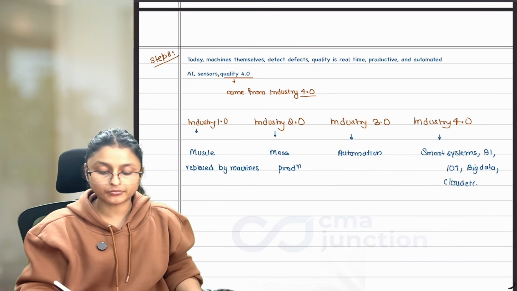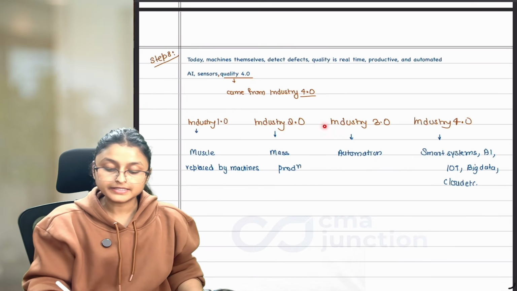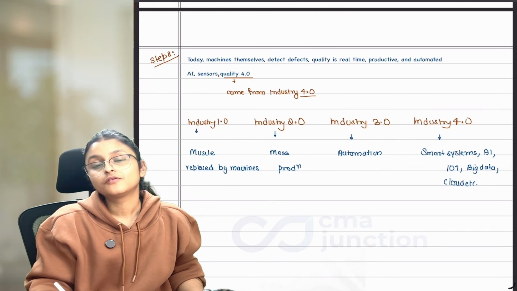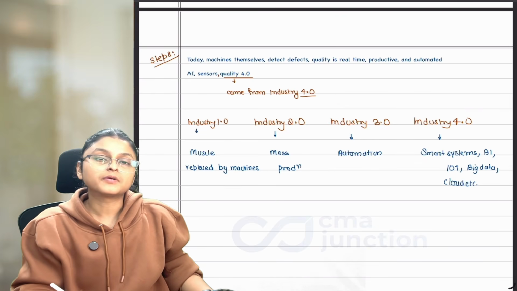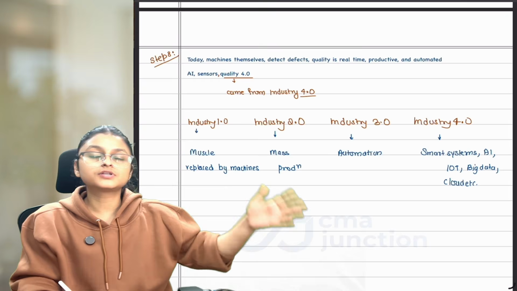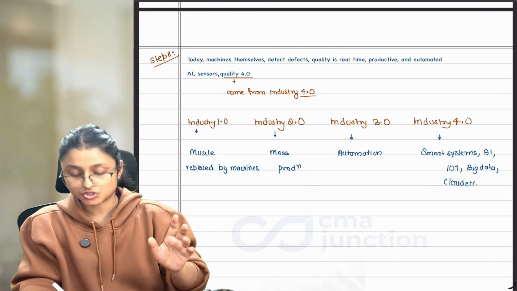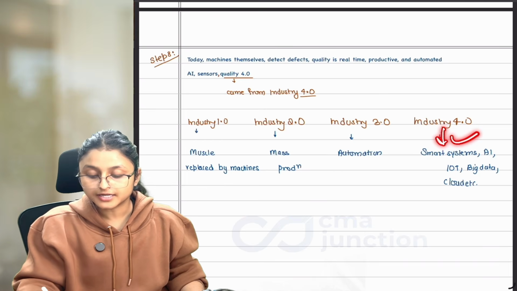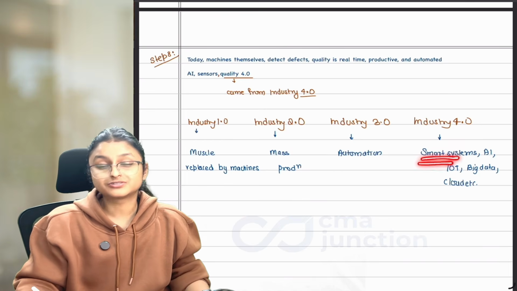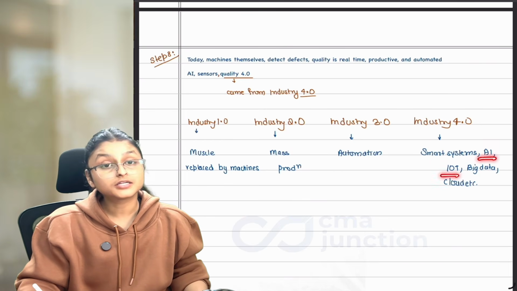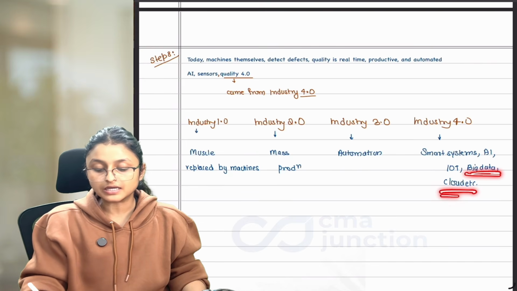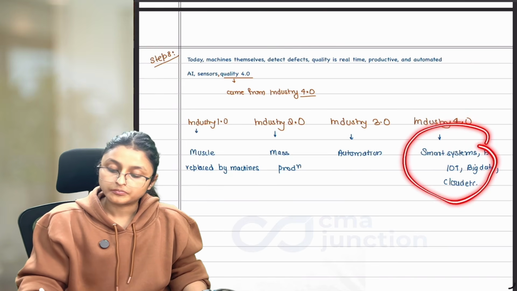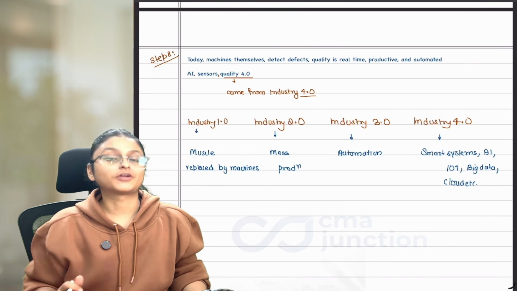Standardization and simplification were introduced at that time. Then came Industry 3.0, when complete automation happened, no need of workers, everything was happening with the help of machines. Then came Industry 4.0, which is our current era, where industries are using smart systems, AI, Internet of Things devices, big data and cloud to perform their manufacturing functions.